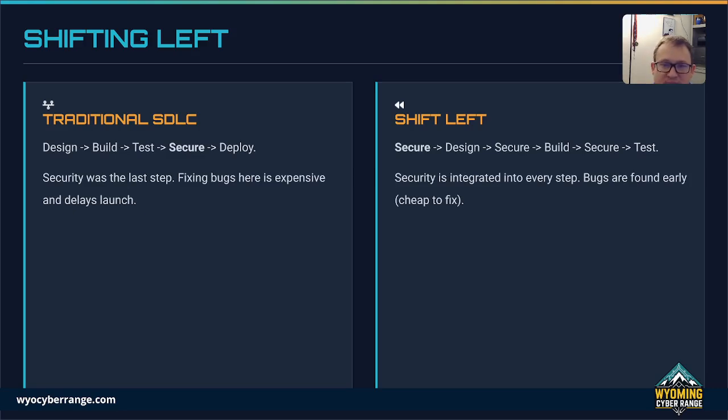Fixing a bug after the code is finished is like realizing you forgot the plumbing after you poured the concrete foundation. So the modern approach is what we like to call shifting left. We're going to integrate security into the design phase, the build phase, and even the test phase. Bugs found early are cheap and easy to fix.